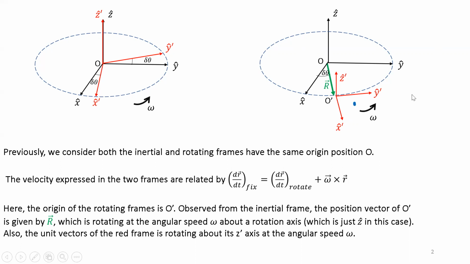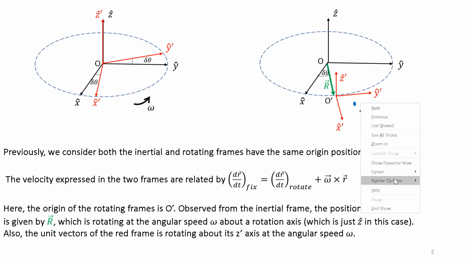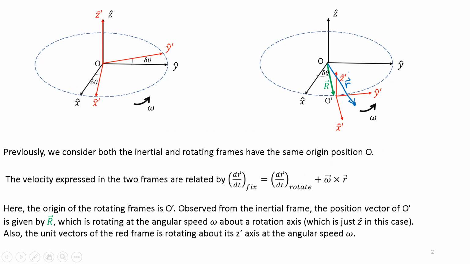Now if I want to set up the position vector for the fixed frame, the vector that I will draw is something like this. It will just be this vector here, which I'll call small r.